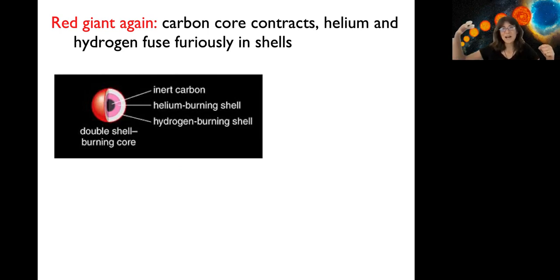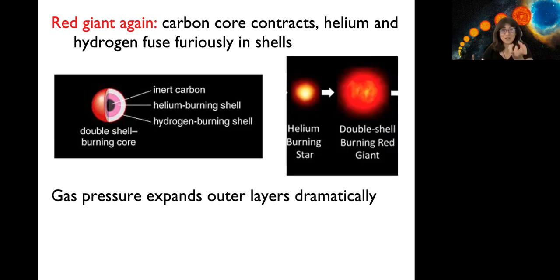So now you have hydrogen burning, then helium fusing or burning, and then a core of carbon that is not doing anything. So of course, that means since you don't have fusion in the core, the star is again going to be enormous. It's going to expand furiously, and it becomes a red giant again.